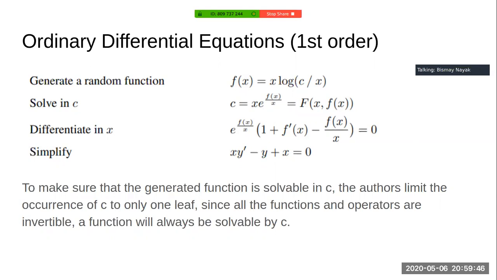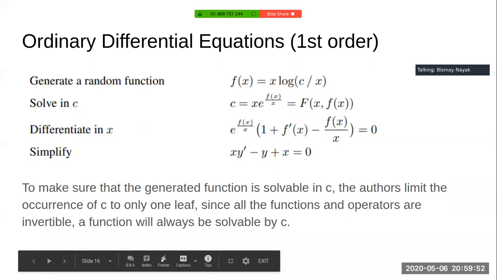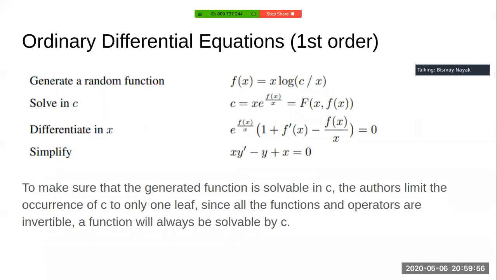To make sure that the function is solvable in c, the authors limit the occurrence of c to one leaf. So in the whole expression, c only occurs in one place, and since all the functions and operators used to generate random functions are invertible, we will be easily able to solve the problem in c.